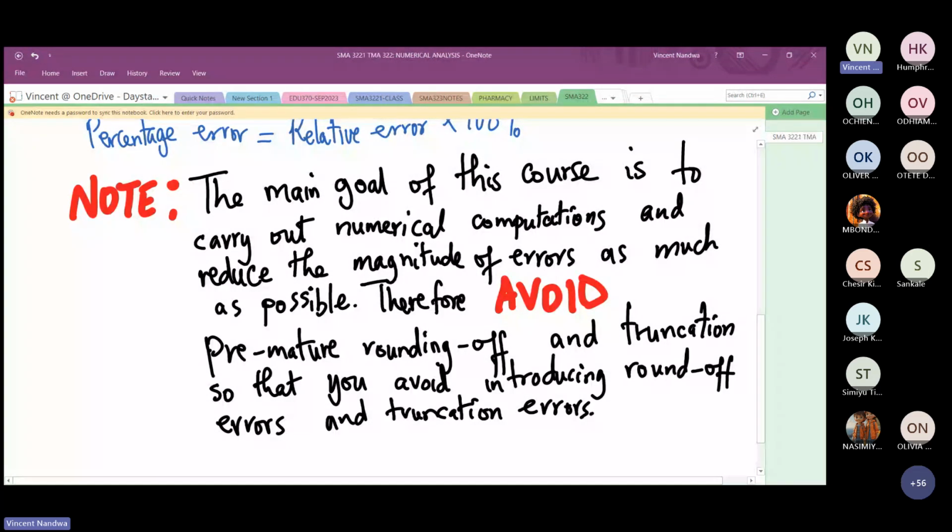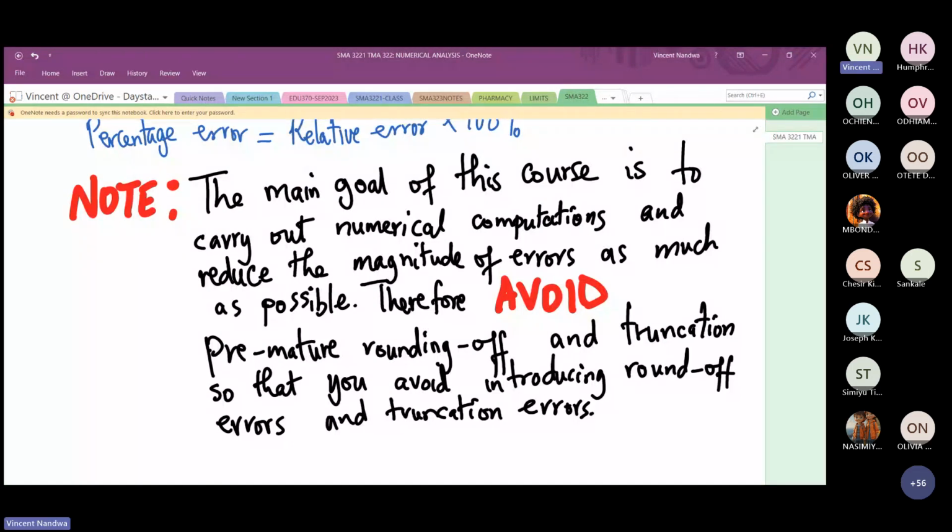Almost all the computations we are going to carry out in this course will be approximations, and we try as much as possible to reduce the magnitude of error, and the reduction of the magnitude of error will be achieved by avoiding premature rounding off and unnecessary truncation of numbers.